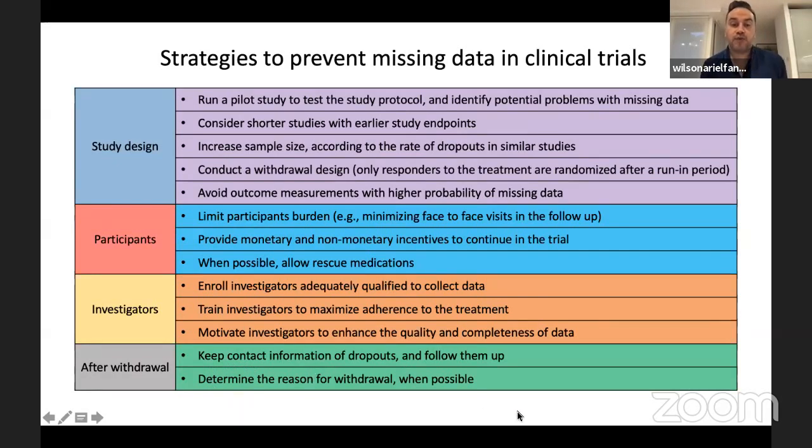Ask the patient, why did you decide to withdraw? This is important as well, because it helps us to understand better the patterns of the missing data and, as you will see later on, what I call the pathophysiology of the missing data.